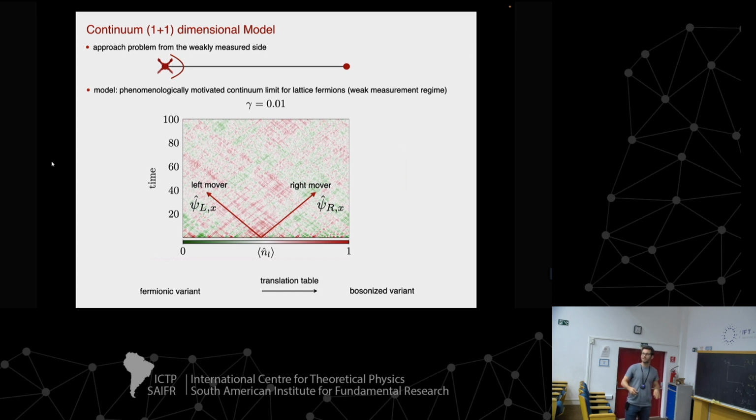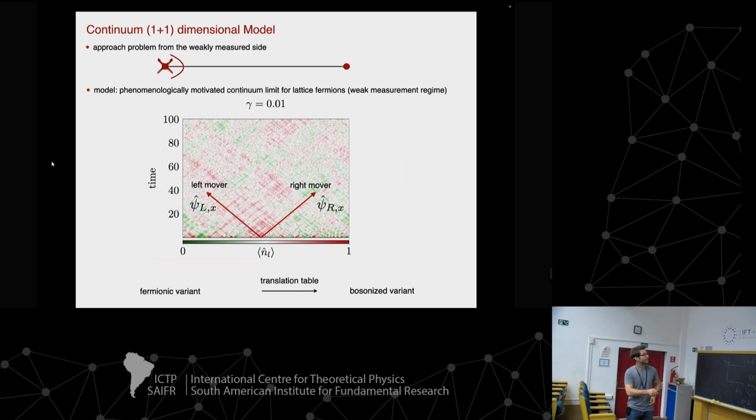And what can we say about this weakly measured regime? Well, we just look at the pictures here. What is shown here is as a function of x. So this is x. This is the color code for the density that we're showing. And here, time. We track the expectation value of the local particle density.